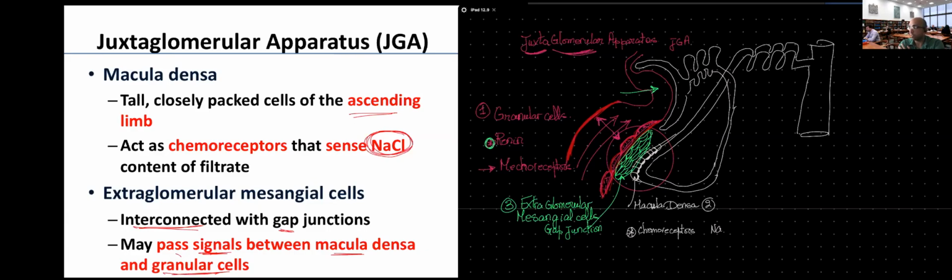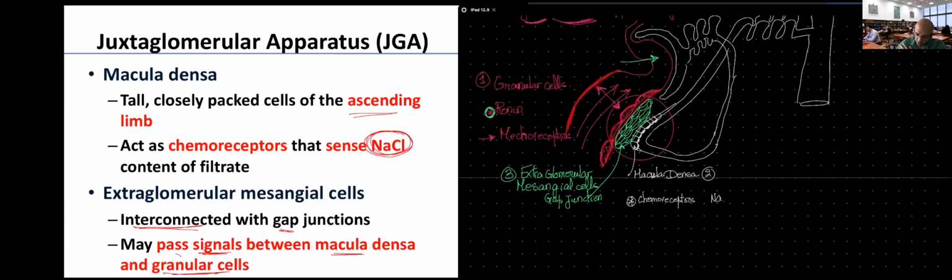The other type of cells that we've got forming my juxtaglomerular apparatus is going to be my macula densa. Again, macula densa, those are modified tall cells of the ascending limb of the loop of Henle, and those cells are going to be responsible to detect chemical change in the filtrate. So I'm checking here the amount of solute that is going to be released out in the urine.